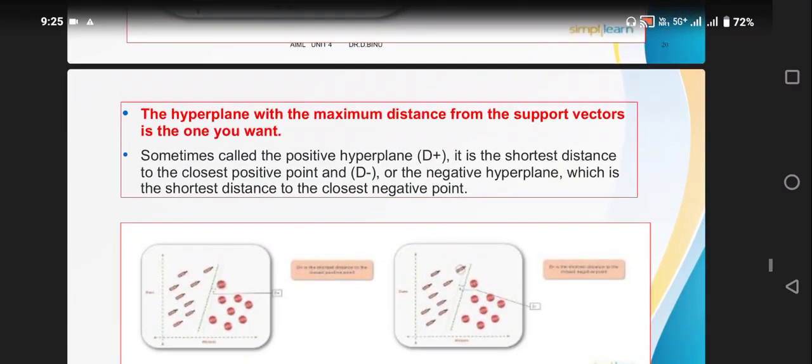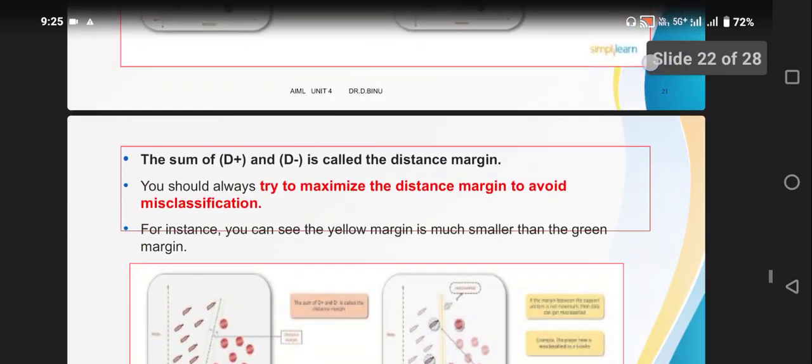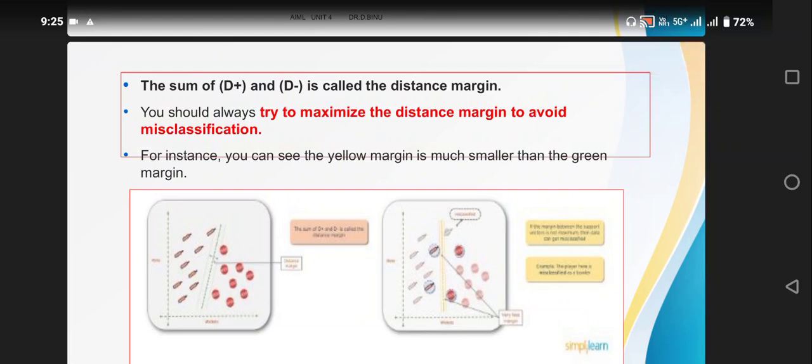The hyperplane with the maximum distance from the support vectors is the one you want. Sometimes the positive hyperplane is represented as d plus, the shortest distance to the closest positive point. The negative hyperplane is represented as d minus, which is the shortest distance to the closest negative point. The sum of d plus and d minus is called the distance margin.